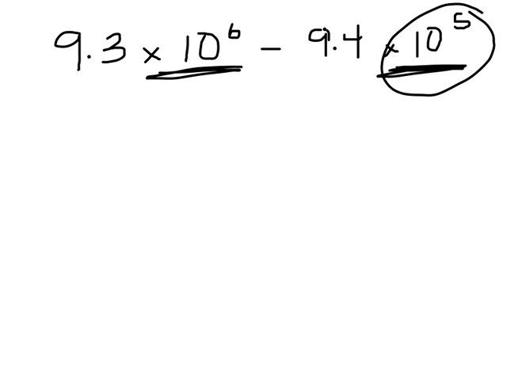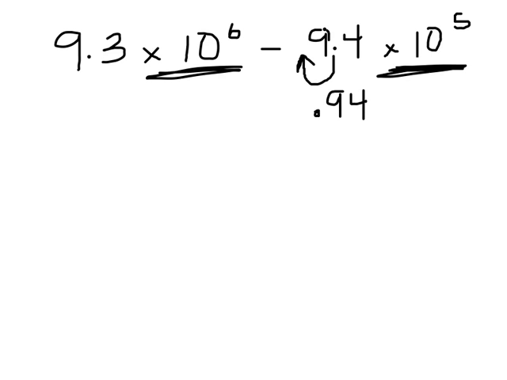I know it's smaller because it has a smaller exponent. That means in this one there are 5 numbers to the right of the decimal place. To get there to be 6 numbers, I can move this decimal 1 space to the left. And when I do that, my coefficient becomes 0.94, and my power of 10 is times 10 to the 6th.